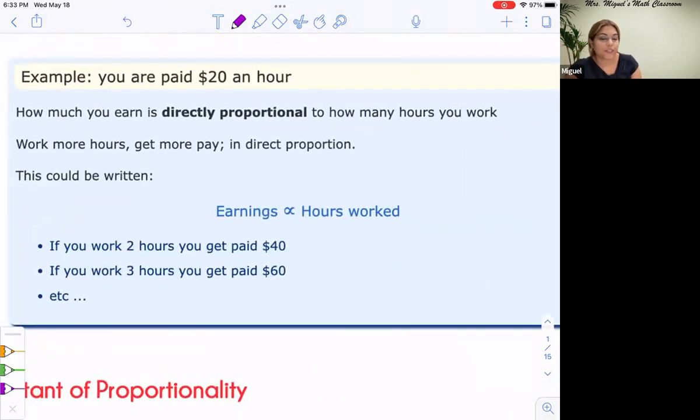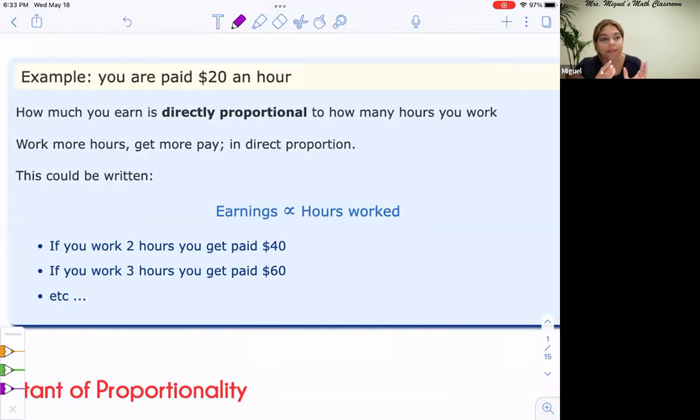You are paid $20 per hour. How much you earn is directly proportional to the number of hours you work. So you work more hours, you get more pay.